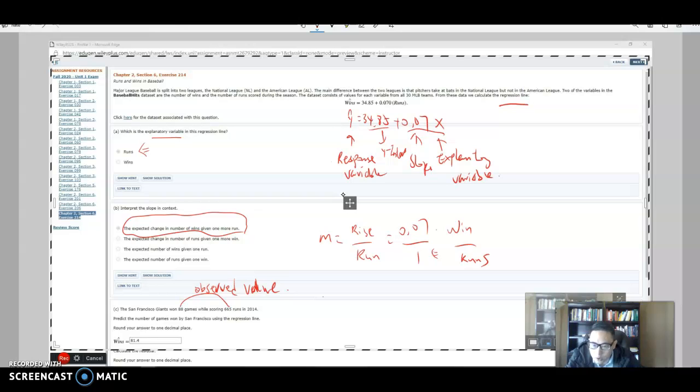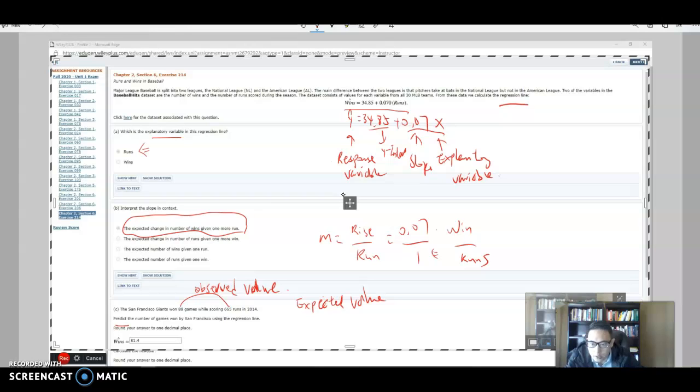If this is the given observed value, and you want to get the predicted number or expected value, we use the regression line to generalize the data. So this equation gives the expected value.